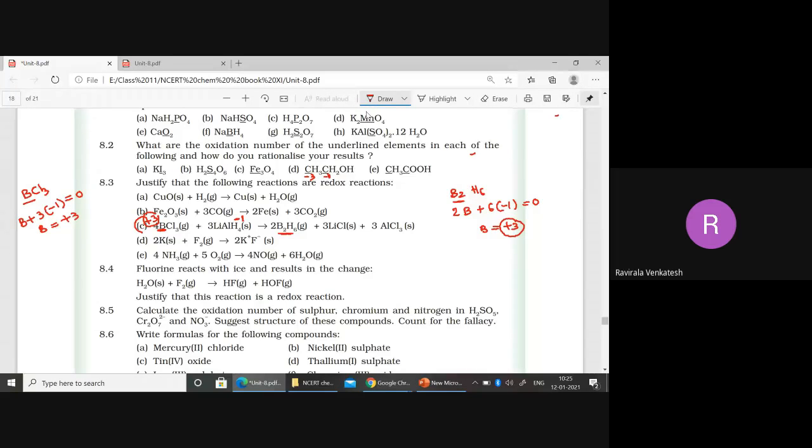That means you can write that the reaction present in C is not at all a redox reaction. In this reaction, there is no oxidation and no reduction taking place. So, justify that the following reactions are redox reactions means here there is no redox reaction taking place. Next, coming to D, let me take D also.